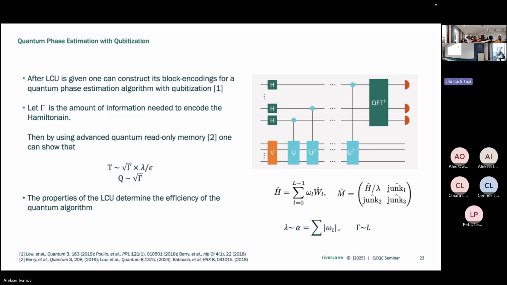Now, if you implement this block encoding and combine it with a so-called reflection operator, what you will see is that the eigenphases of this unitary operator relate to the energies through arccosine. So what you measure is arccosine of energy. And so you will need to do some classical post-processing to invert arccosine and get the energy, but you can do this.